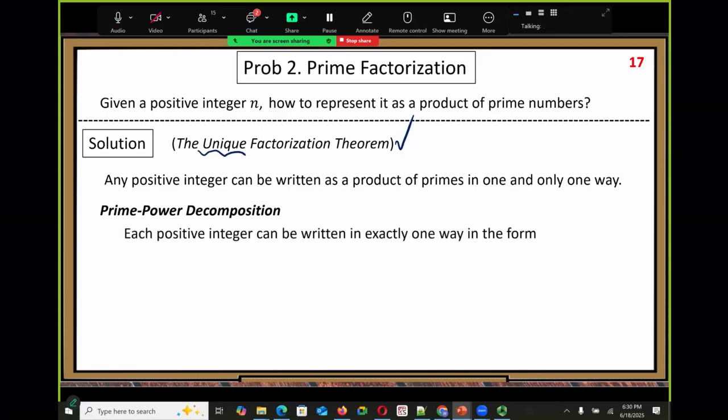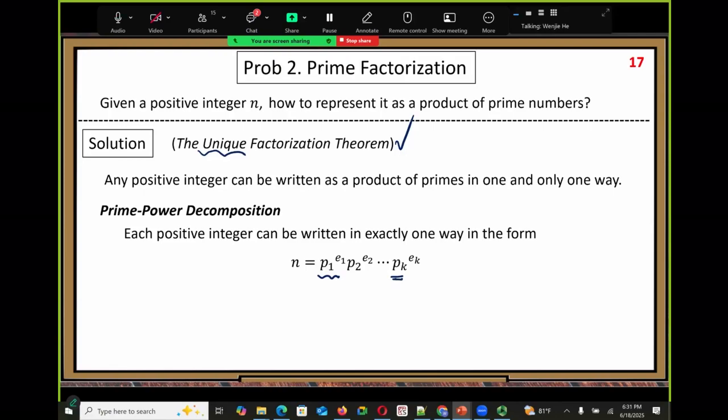What's that? The format is each positive integer can be written in exactly one way in the following form: n equals p1, the first prime factor, to the e1, a certain exponent; then p2, the second prime factor, to the e2 exponent, and so on; and the last one, pk to the ek.